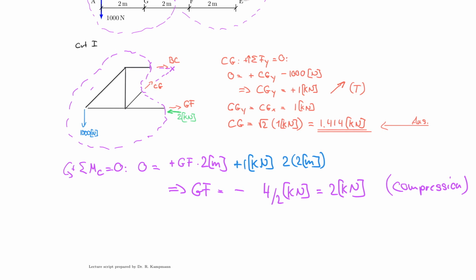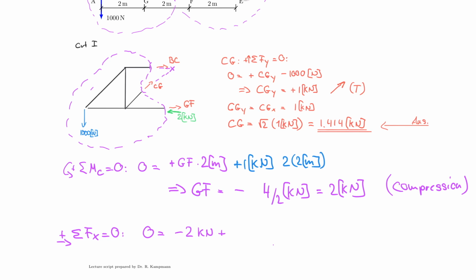So now I can use the sum of the forces in the x direction being equal to 0, positive to the right, and 0 is equal to minus 2 kilonewton plus the horizontal component of CG, and we calculated that before. So CGX is 1 kilonewton, right? So we have that given here.